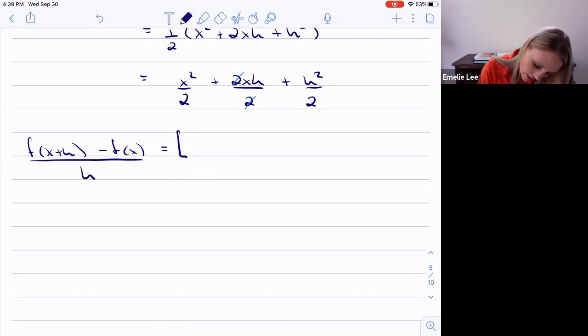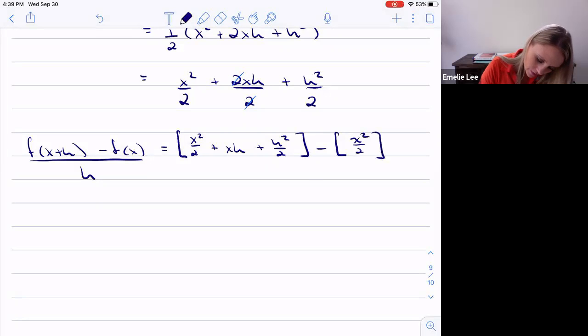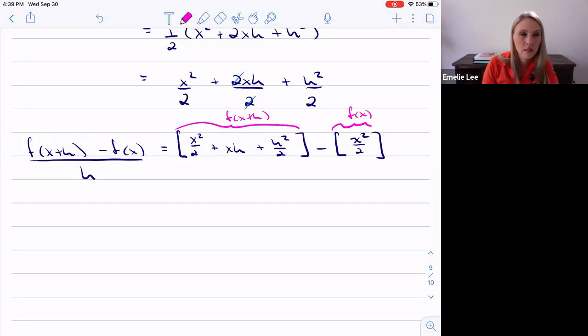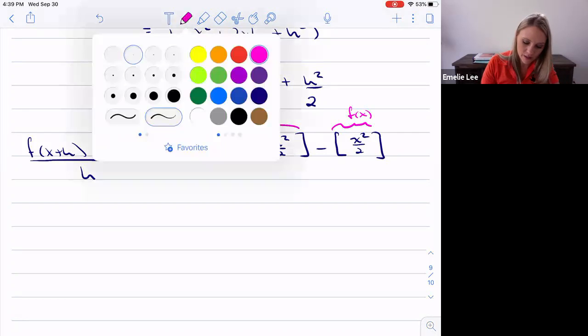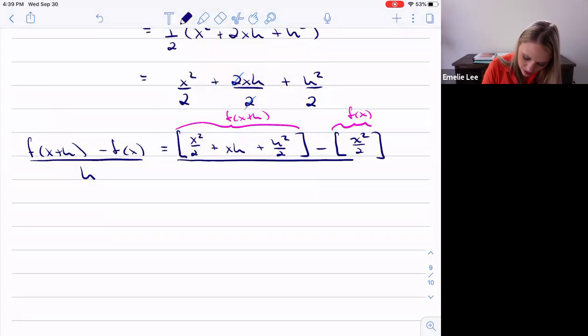And so I'm going to use square brackets, x squared over 2 plus xh, because I canceled those two. You could have kept those twos for a little bit longer if you wanted, plus h squared over 2. Minus x squared over 2. So this here is my f of x plus h. And this is my f of x. And then don't forget, it's all over h.